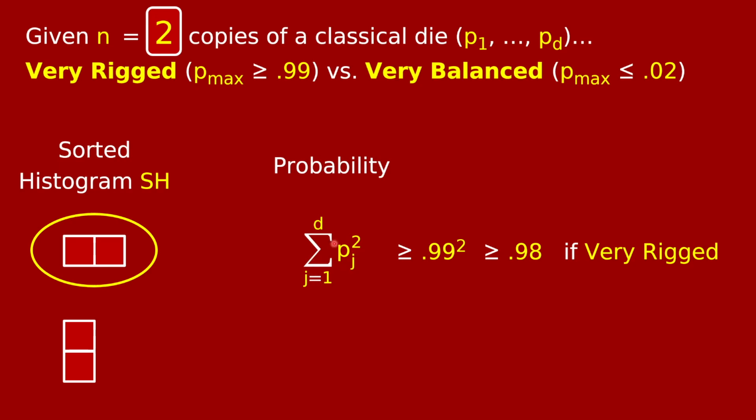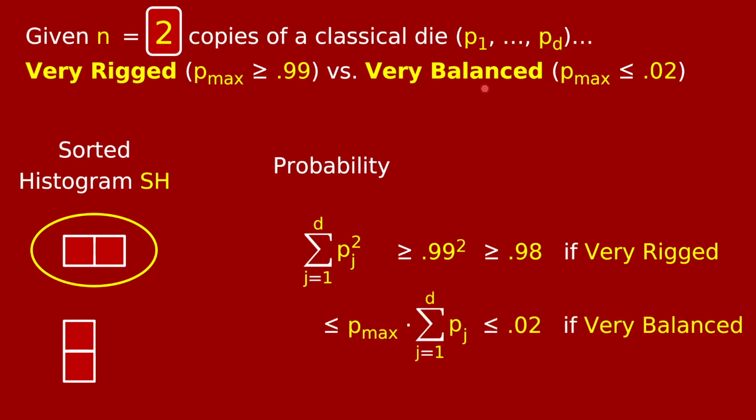Then at least one of these summands is going to be at least 0.99 squared, and 0.99 squared is roughly 0.98. So this whole sum is at least 0.98 in the very rigged case. So if the die is very rigged, there's at least a 98% chance that your sorted histogram measurer will show you this picture.